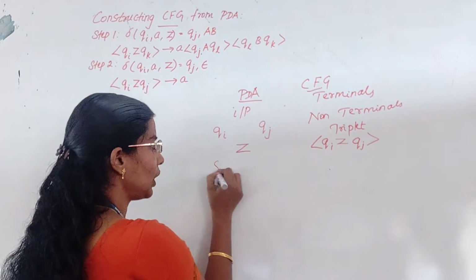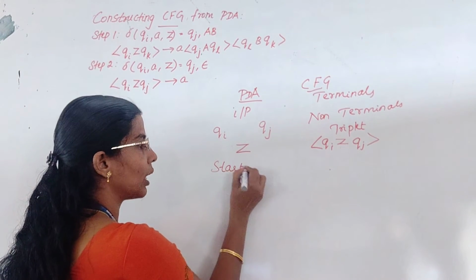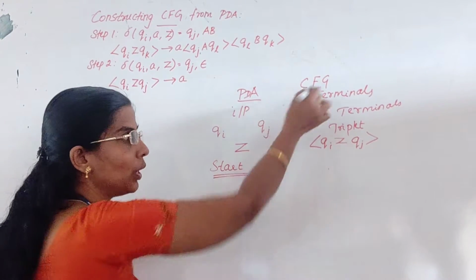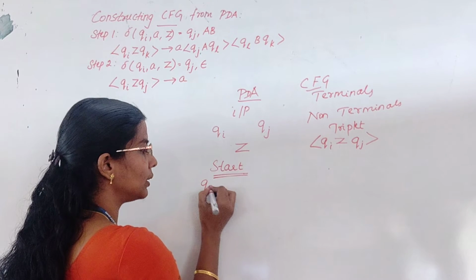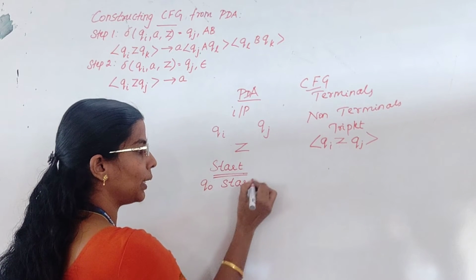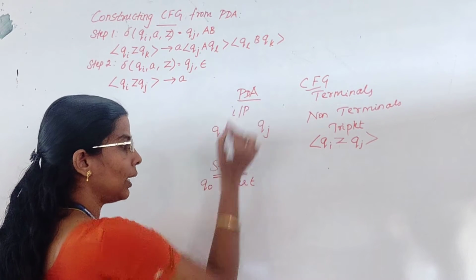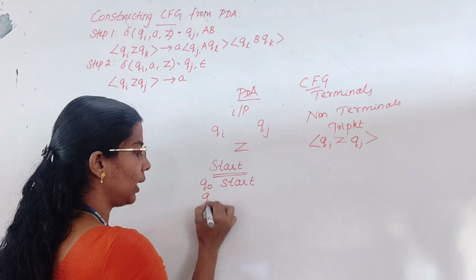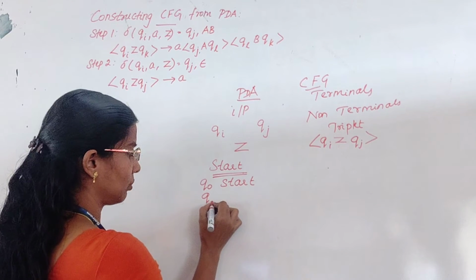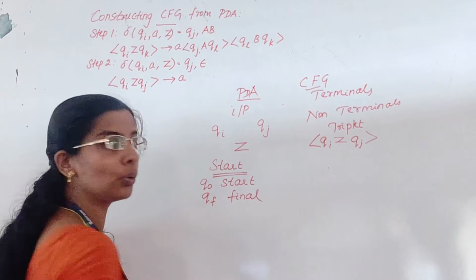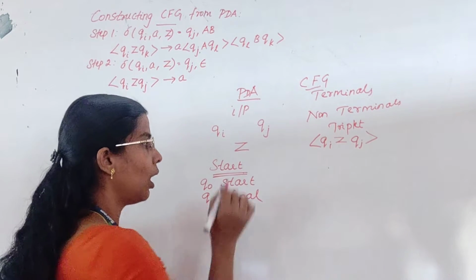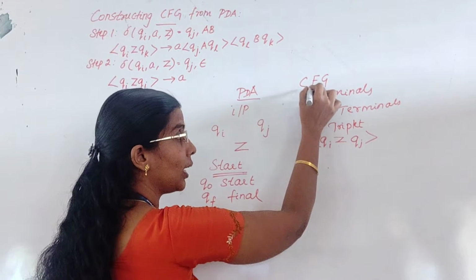Next, start symbol. How to identify the start symbol of your CFG? If Q0 is the start state of your PDA and QF is your final state, how to write the start symbol?